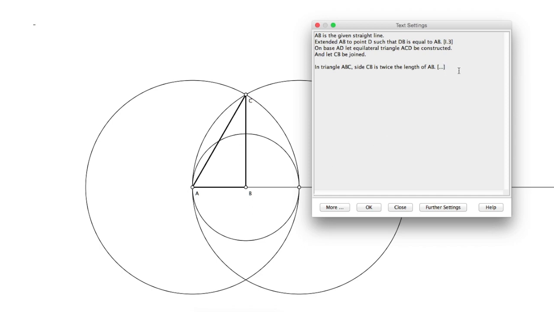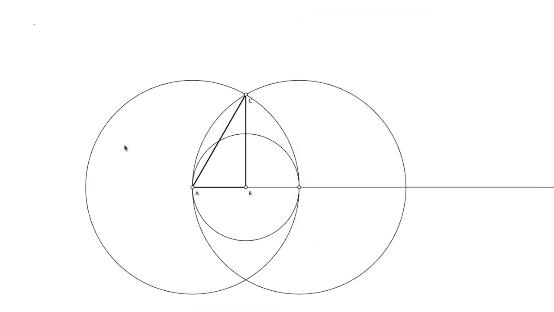And so you would quickly discover this is not a solution to this problem because the side which is twice the length of AB is not CB, it's CA, but that's not one of the sides about the right angle. There's the right angle, right? So we needed to actually have BC be twice the length of AB, but this hasn't done that.